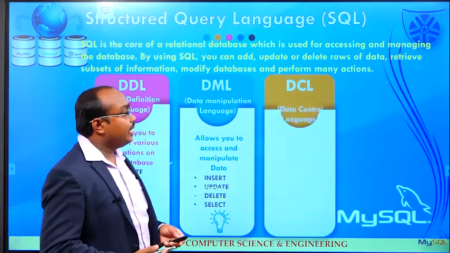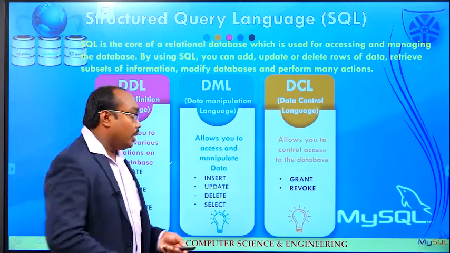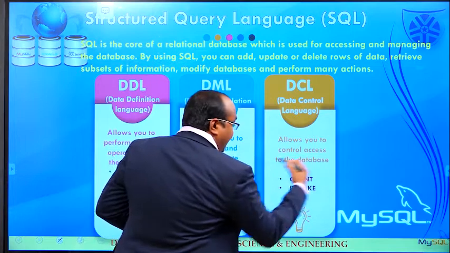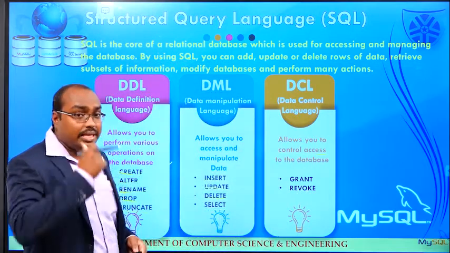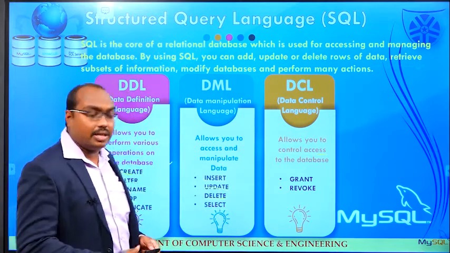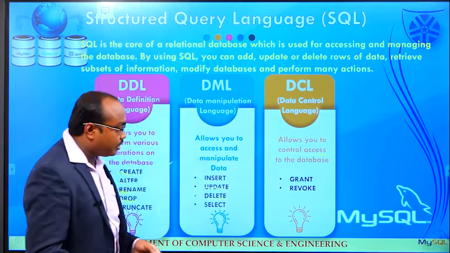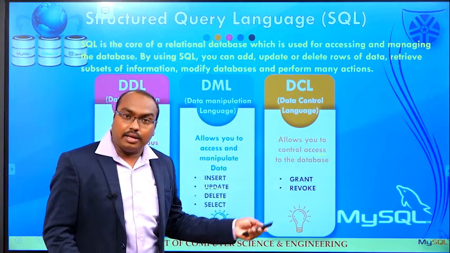And the next one, DCL. Data Control Language allows you to control access to the databases. There are different types of queries we use here, for example, grant and revoke.